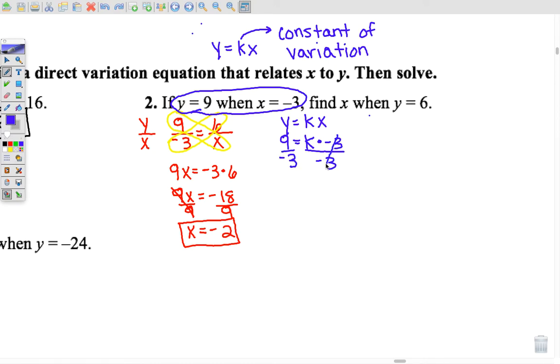Negative 3 divided by negative 3 gives you 1. That's why we're left with 1k. And 9 divided by negative 3 is just negative 3. So we're going to plug this constant of variation, your k, we're just going to go ahead and plug that back in to this k right here. So what we have for our final answer is y equals negative 3x.